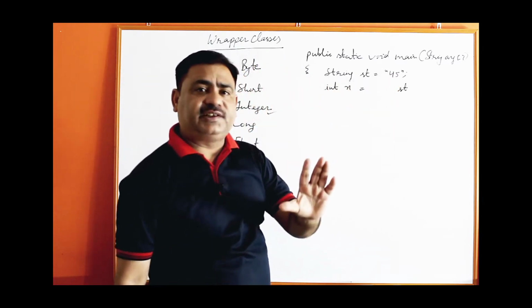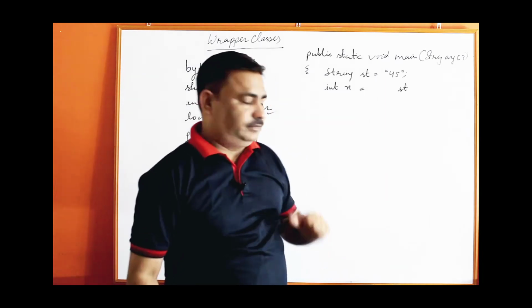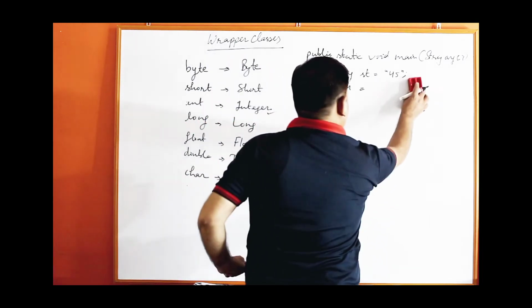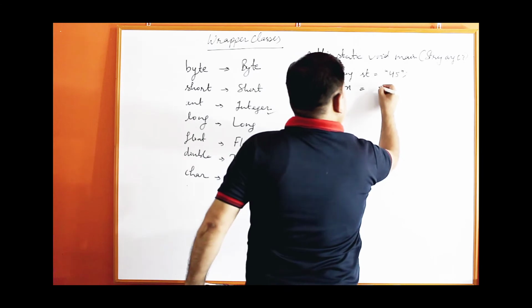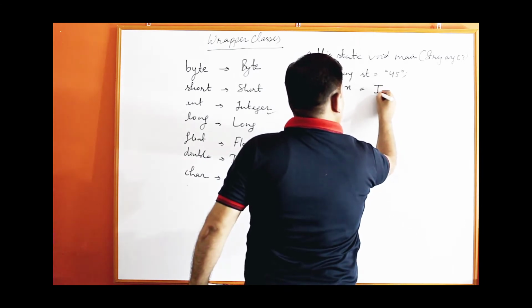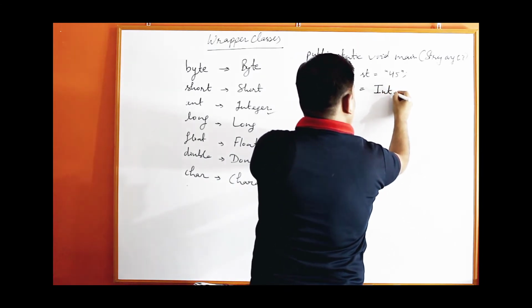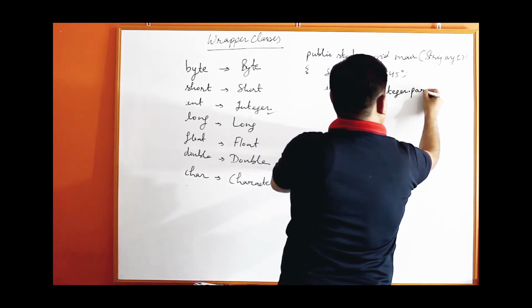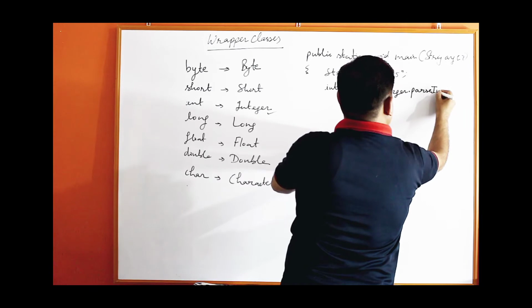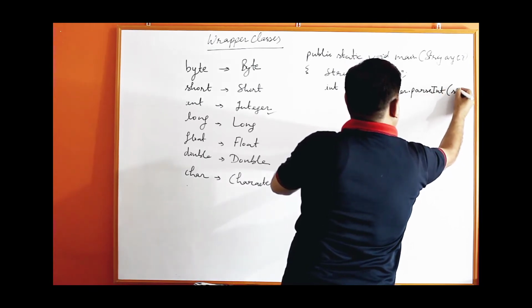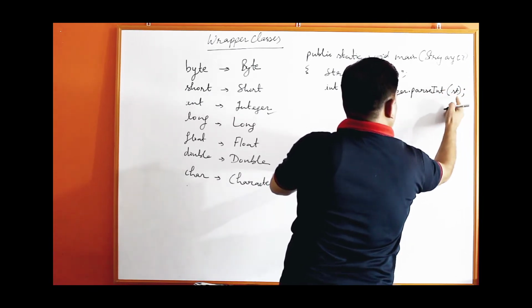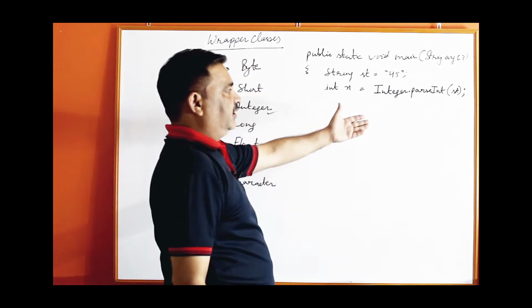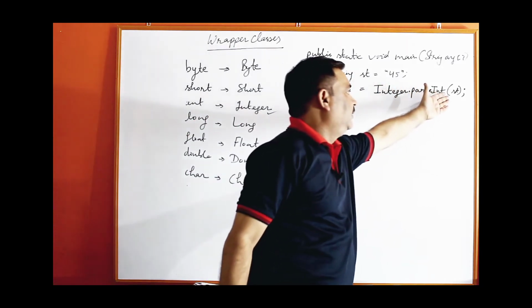Then one function is parseInt. The function name is parseInt, which is static. So we have to call the parseInt function like this: Integer dot parseInt, name of the function, and write the value here, whether it is a constant or in the form of a variable.